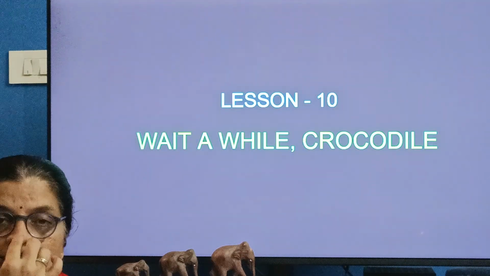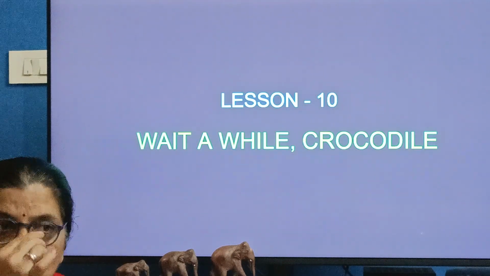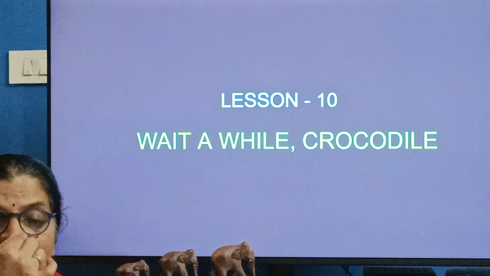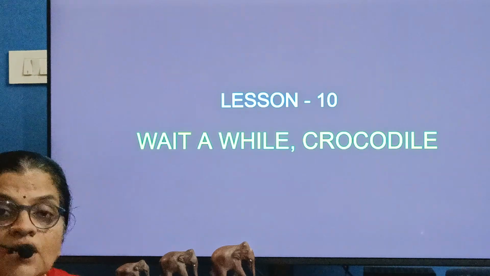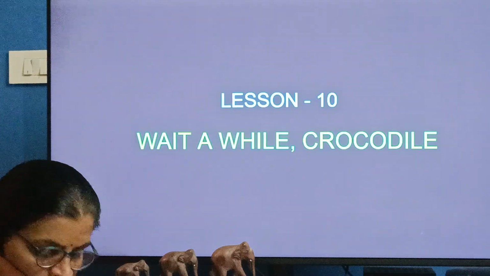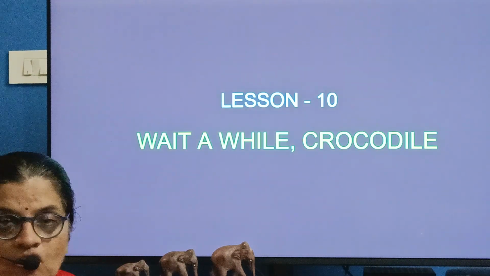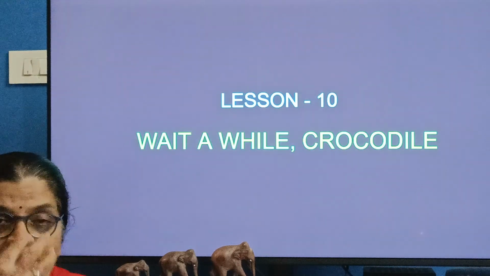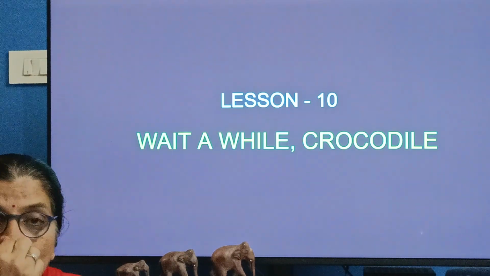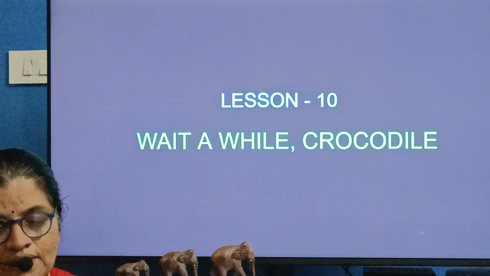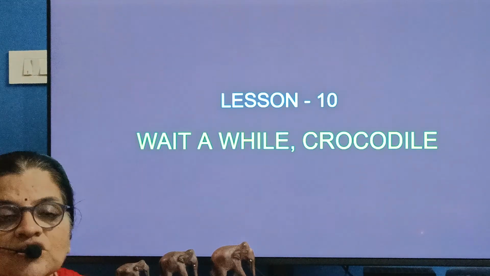Some animals, when you look at their face, you can see a nose. Look at the textbook. In your textbook, page number 99, the crocodile's picture is given. On the face, you can see a small nose on its head. That is known as snout.